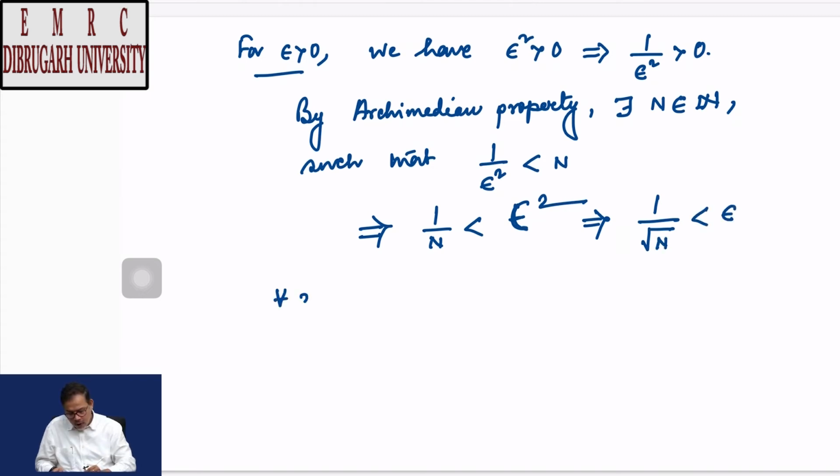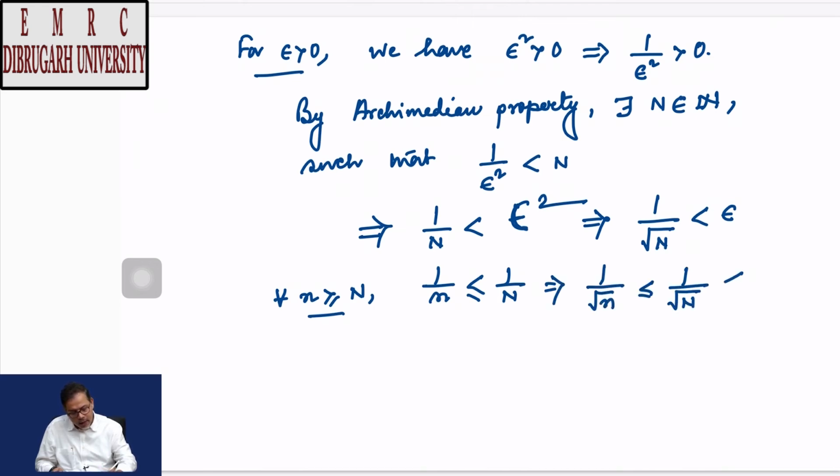Now, for all n greater than or equal to N, 1/n is less than or equal to 1/N, and therefore 1/square root n is also less than 1/square root N, that is less than epsilon. This is true for all n greater than or equal to N.